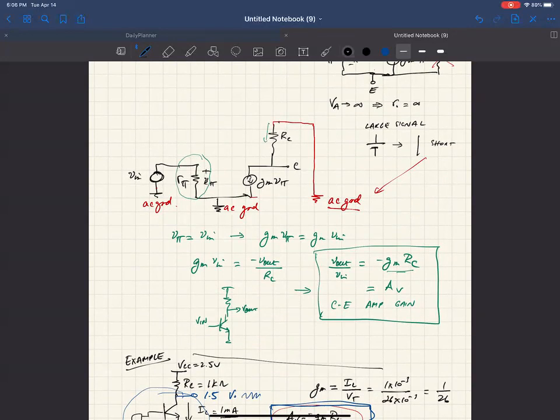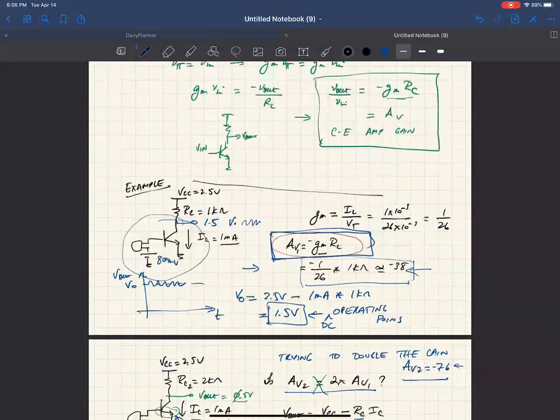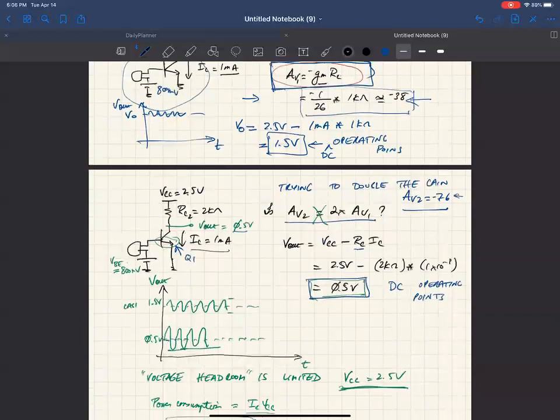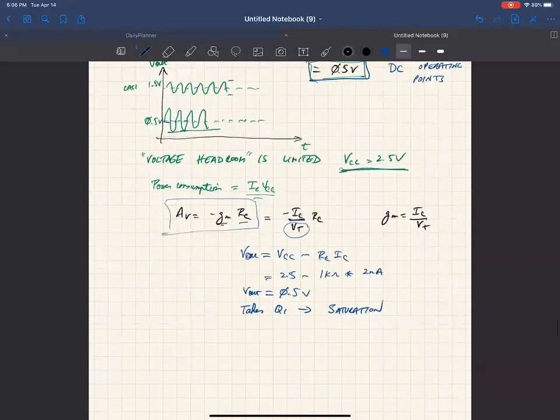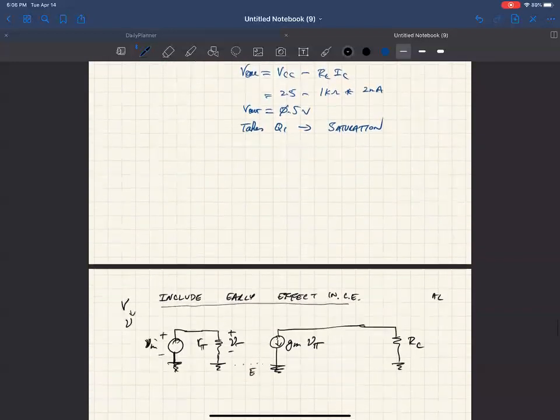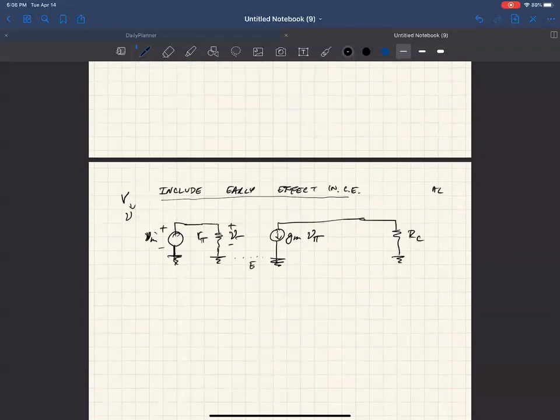It was as if we had a battery here at 2.5 volts, but in AC it just looks like a short to ground, because we're just looking for perturbations. We've already got the information about the bias current from our large signal analysis. So now we're just looking at perturbations. Okay, so we have R sub C, and then this is small v out.